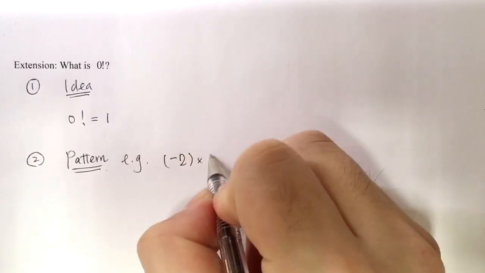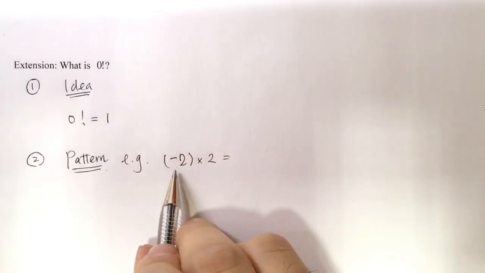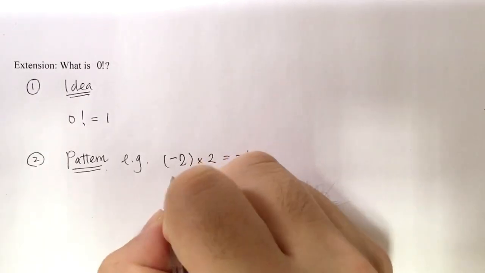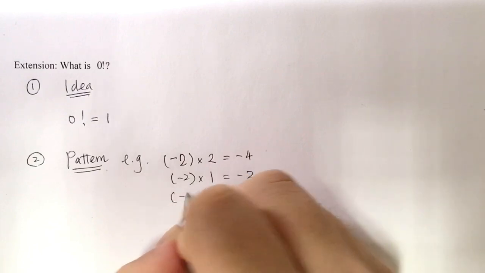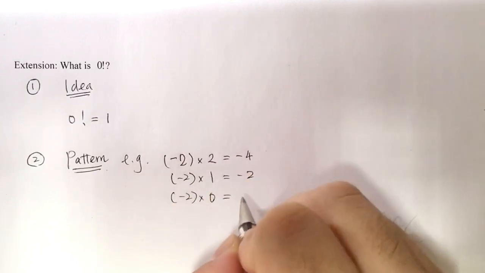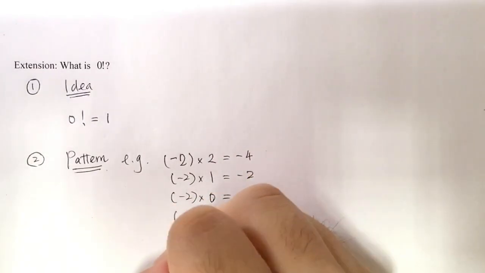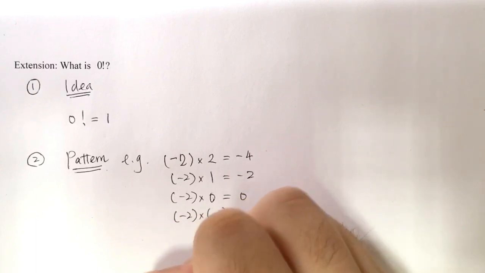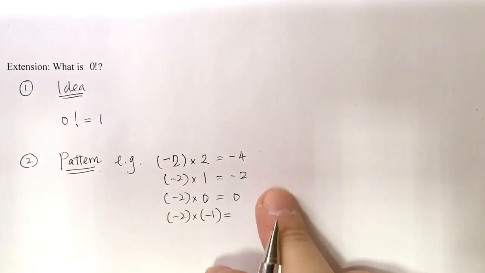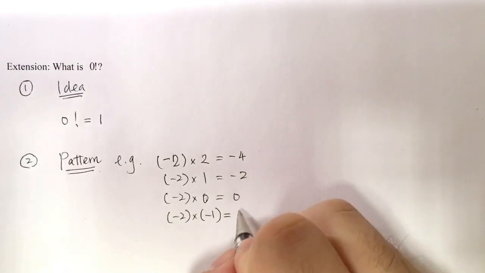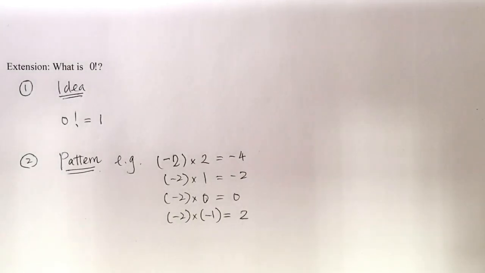Do you still remember? We know negative 2 times 2 is negative 4. Negative 2 times 1 is negative 2. Negative 2 times 0 is 0. And then you are asked to find the result by reading the pattern, right? And then you know the result is positive 2.